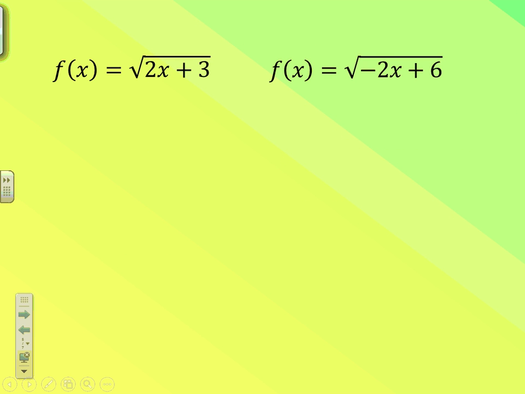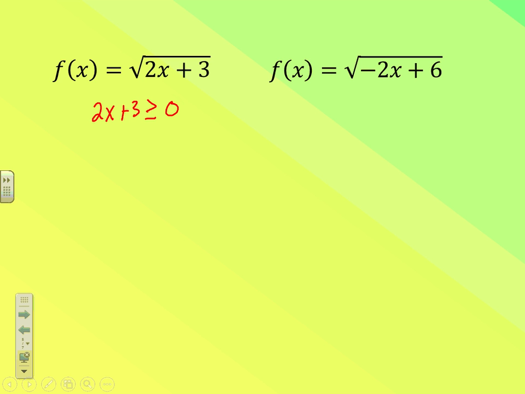Here I have two functions, f of x is equal to the square root of 2x plus 3, and negative 2x plus 6. The stuff underneath the radical symbol is called a radicand. What it told us to do is to take the radicand and set it to where it is greater than or equal to 0. And now let's solve for x.